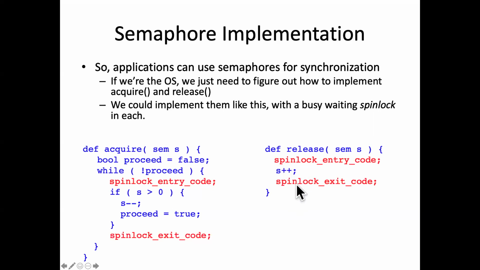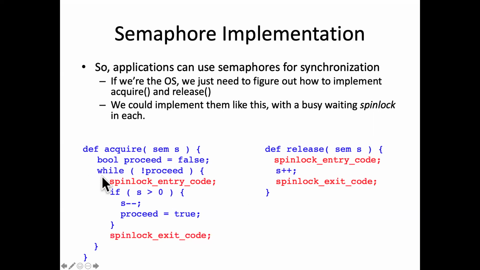And down here, this is just setting that flag back to 0. So with some busy waiting, this will lock everyone else out while I'm in the middle of incrementing this semaphore. And that's good, because otherwise we might have a race condition. So all release does is, with mutual exclusion, it increments the value of the semaphore.